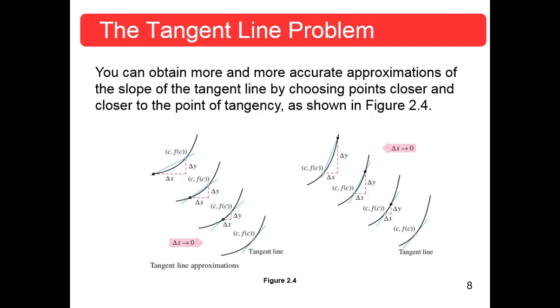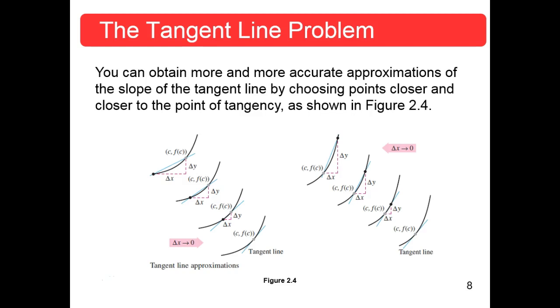This time, boy, they're sort of doing it backwards here. I guess it doesn't matter. Here you're letting your delta x be a negative value. Here's your (c, f(c)), and you're letting x equal c minus delta x. It's over here, and then you're approaching this way.